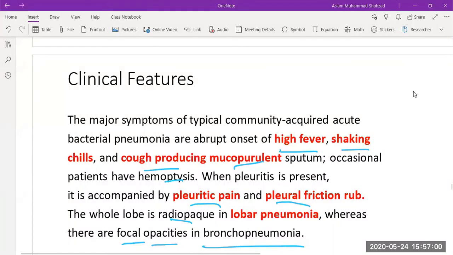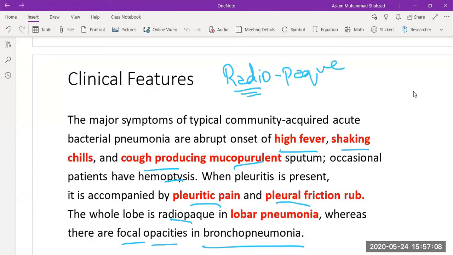Radiopaque, actually the word we need to see is R-A-D-I-O-P-A-Q-U-E. This word comes from radiation. This is also a kind of opaqueness, but opaqueness when seen under the x-rays.